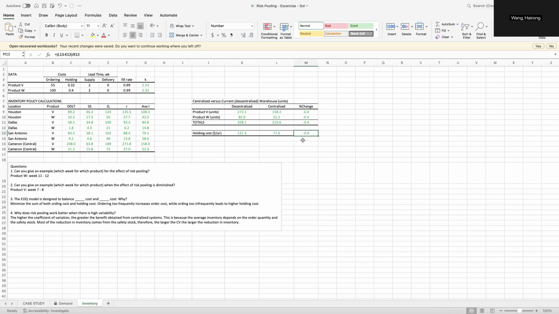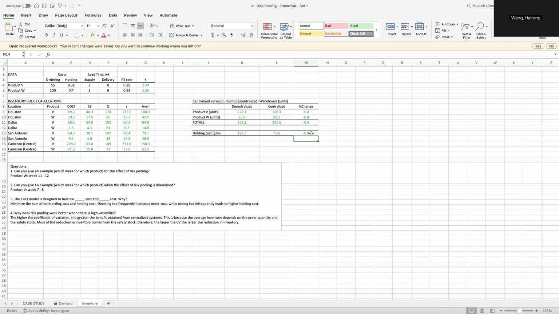I want to point out here, because our holding costs for the 2 products are not exactly the same, the percentage of changes for holding cost and the percentage of changes for inventories are not exactly the same.